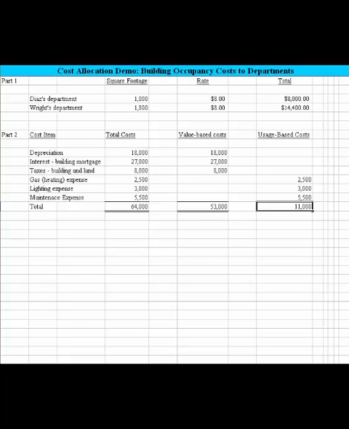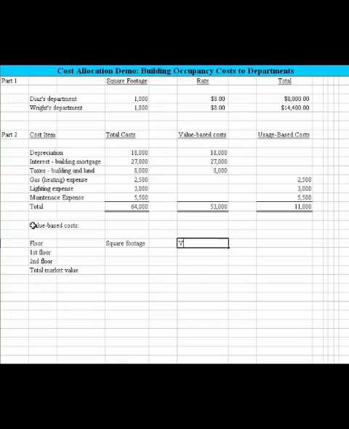Now let's compute the value-based approach. So we now need to allocate it by floor, right? We have the first floor, we have the second floor, and we have the total market value to consider. Let's drop in the information we need. We need to drop in the square footage.